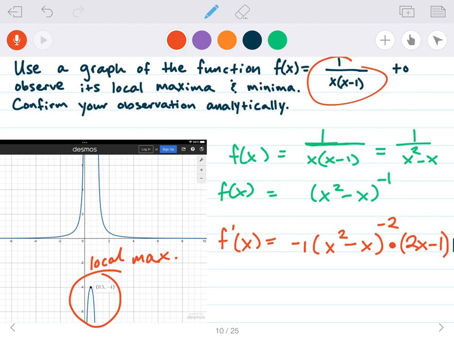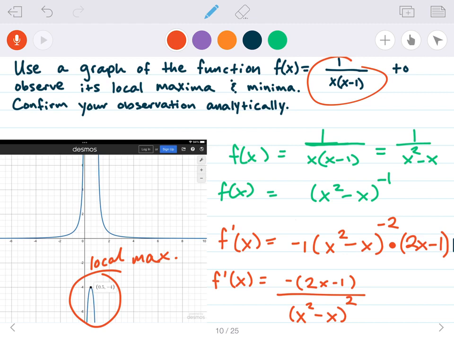I'm going to rewrite this in a little better way. I'm going to bring the x squared minus x back to the bottom. And so if I rewrite this so that I have a denominator again, I have negative 1 times 2x minus 1 on top. And on the bottom, I have x squared minus x, squared.